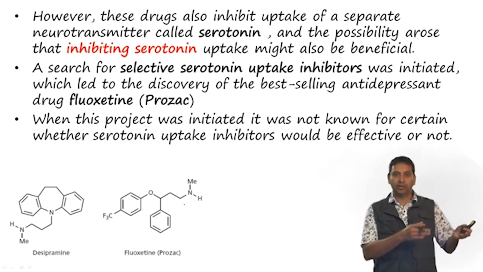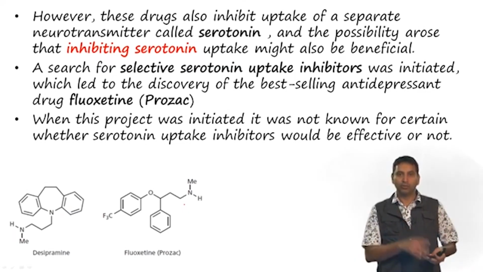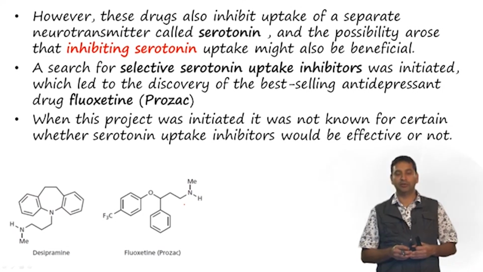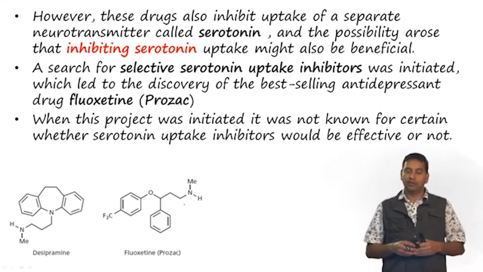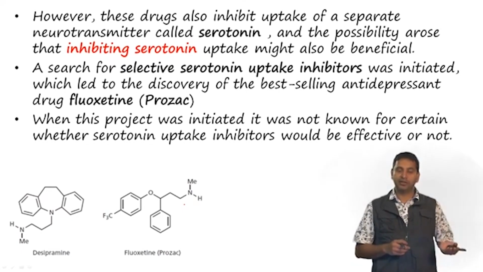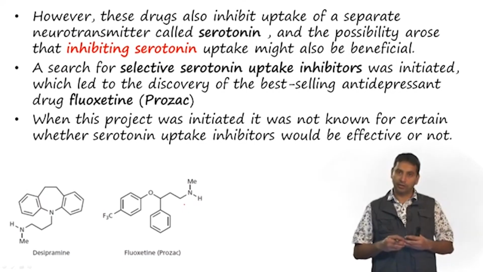So, essentially during the start of the project, it was not known that serotonin uptake inhibition was useful, and this resulted in the discovery of one of the best selling antidepressant compounds, Prozac. So, therefore, during the project process, it is possible that we might make some interesting discoveries which can lead to very important drugs being developed.